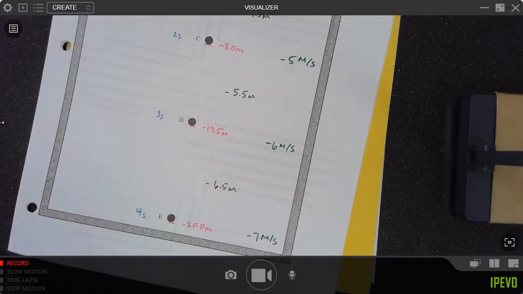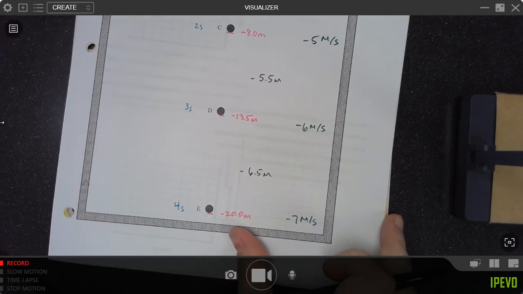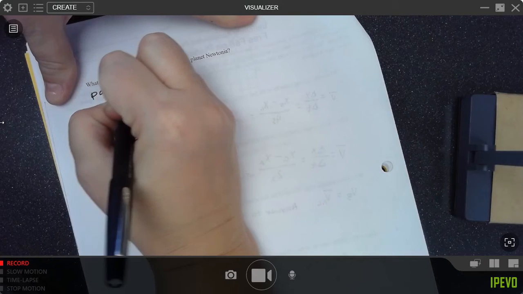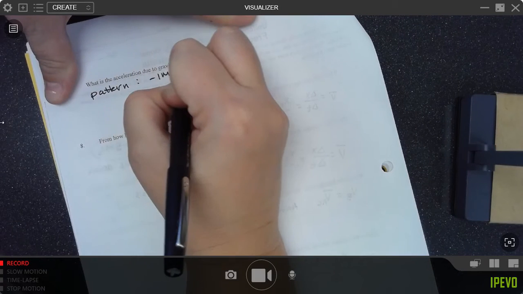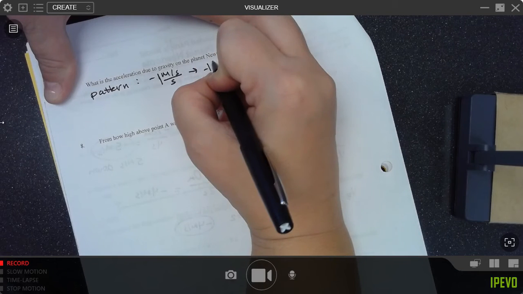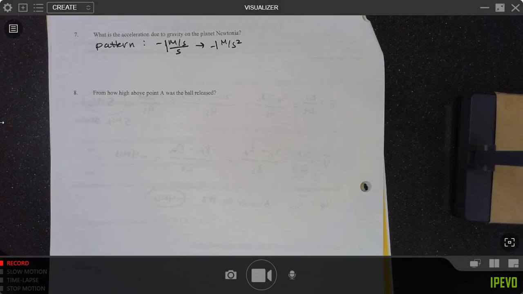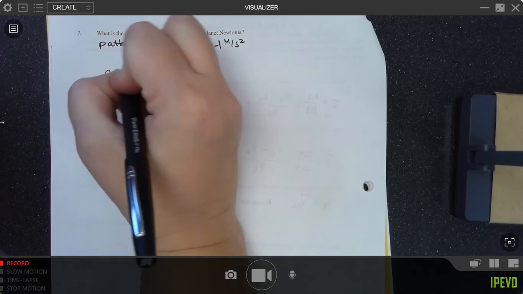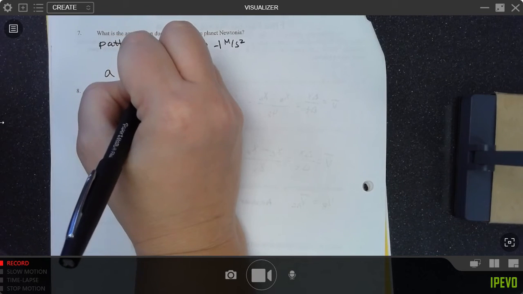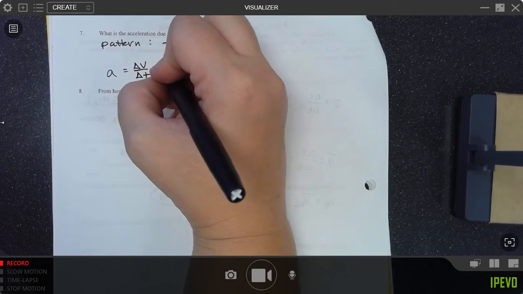And then it asks, what's our acceleration? You guys already made a prediction about that. If we look at the pattern, our pattern indicates that it's minus 1 meters per second per second. So that's going to be minus 1 meter per second squared. If we want to do that algebraically, our acceleration is going to be our change in velocity divided by our change in time. And we figured out a couple velocities. The ones that I want to use are D and B, right?